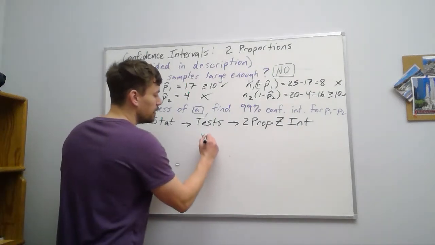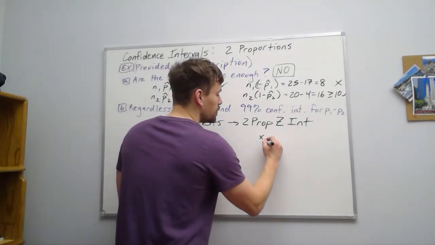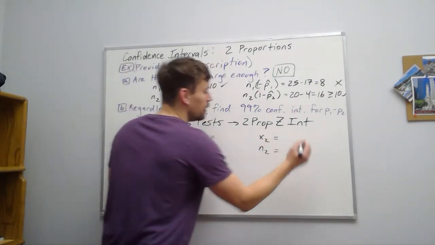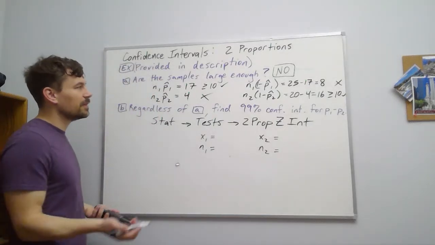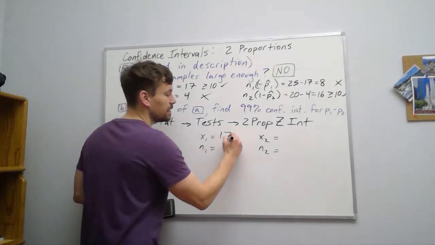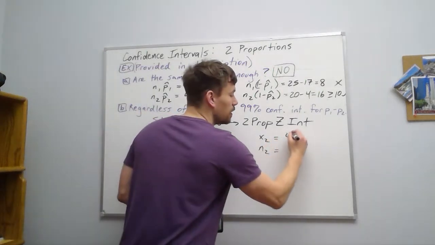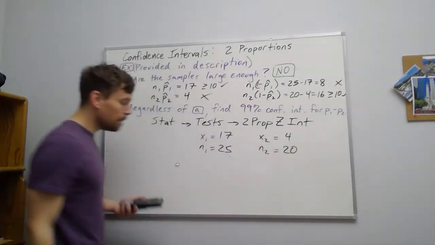It's just going to ask, what's x1, what's n1, what's x2, what's n2? And thankfully in this problem, we were given those things. That's what we already talked about. We had 17 successes out of 25, and then 4 successes out of 20.